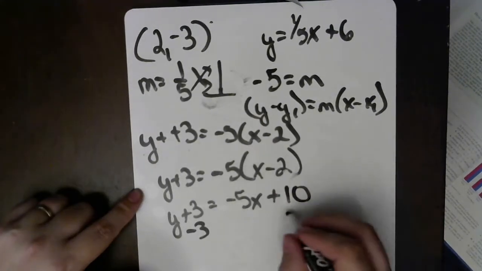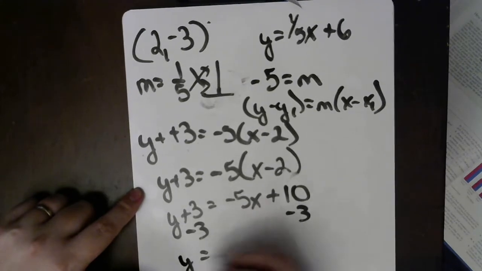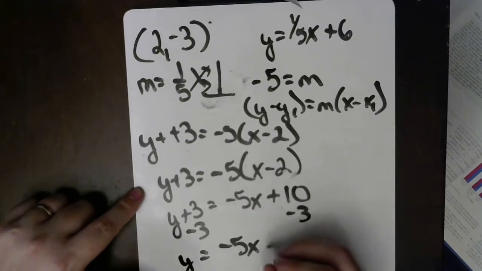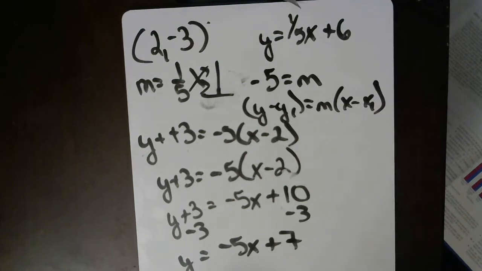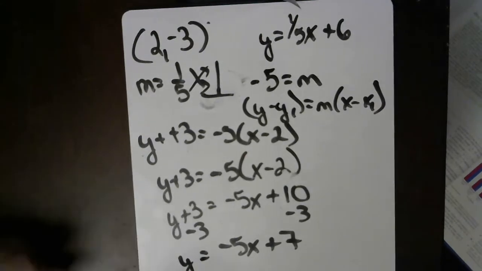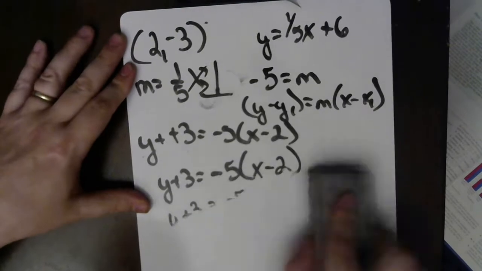Subtract 3 from both sides. y equals -5x plus 7. Okay. Make sure you have all that written down, because that is our answer. That is what we're looking for.